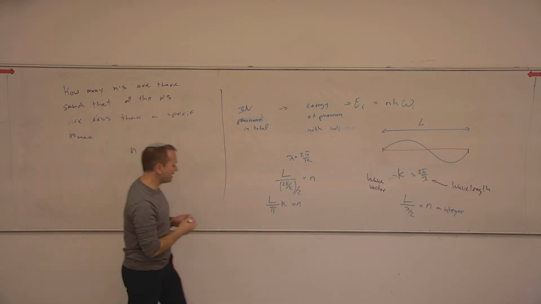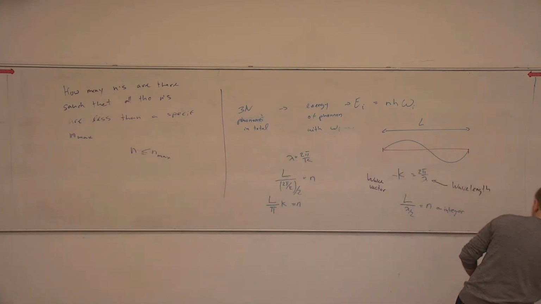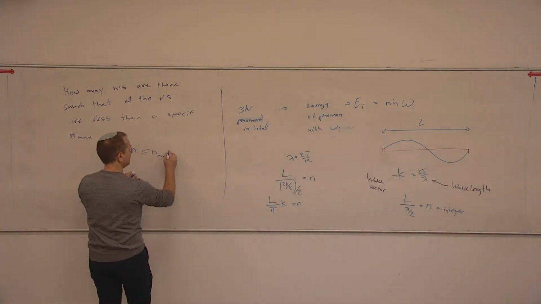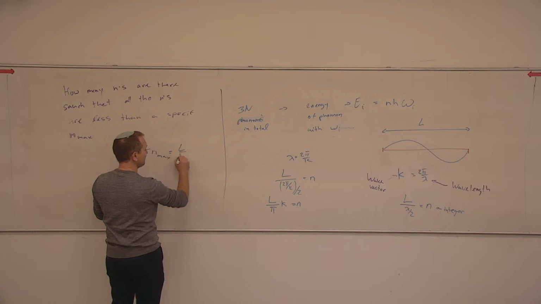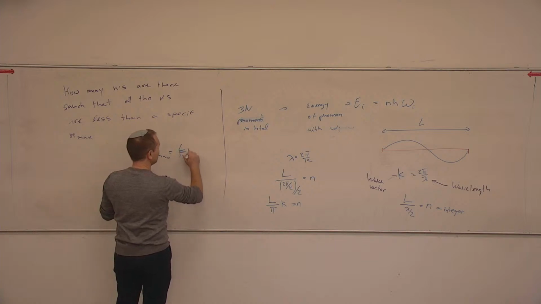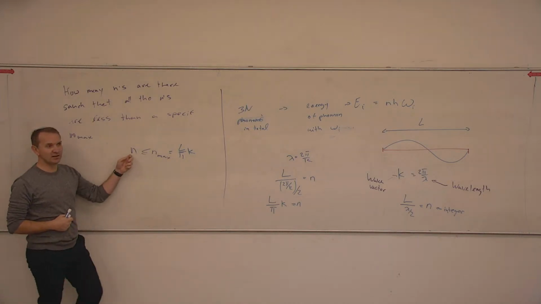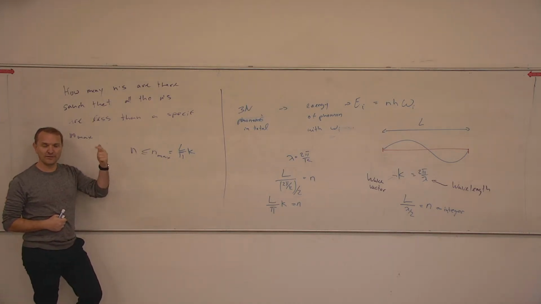What is this n max? n max is related to my wave vector: L divided by pi multiplied by k. So how many n's are there? There are 1, 2, 3, 4, 5, up to n max.